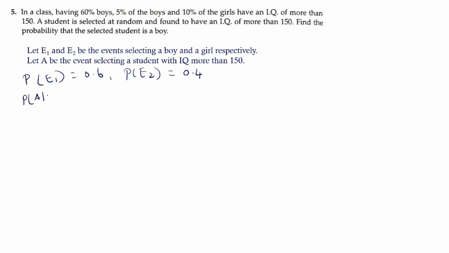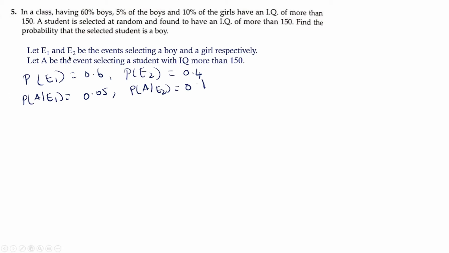And probability of A given E1: A is the event selecting a student with IQ more than 150, so given the student is a boy, it is 5%, which is 0.05. And probability of A given E2, given the student is a girl, it is 10%, which is 0.1.